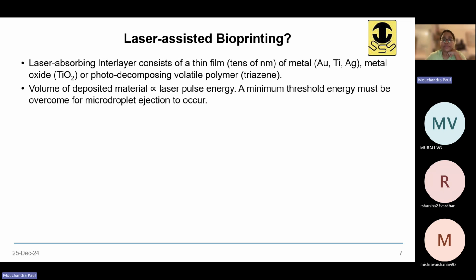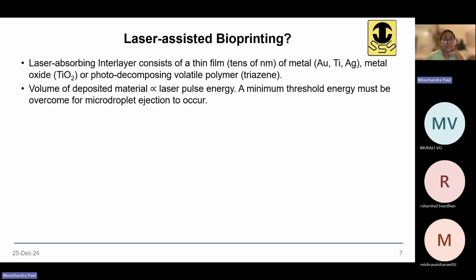It has been shown through experiments that the volume of bioink that you deposit is proportional to the laser energy that you're using. And for the droplet to form, you have to cross a minimum threshold laser energy.